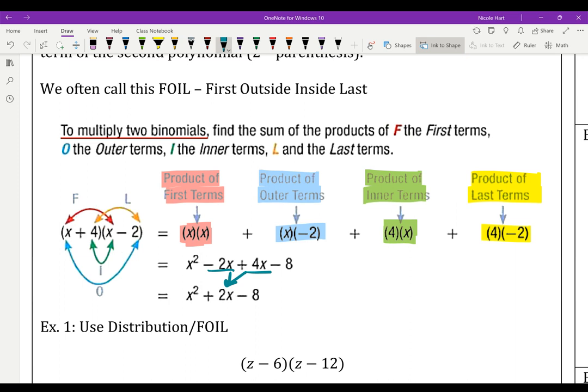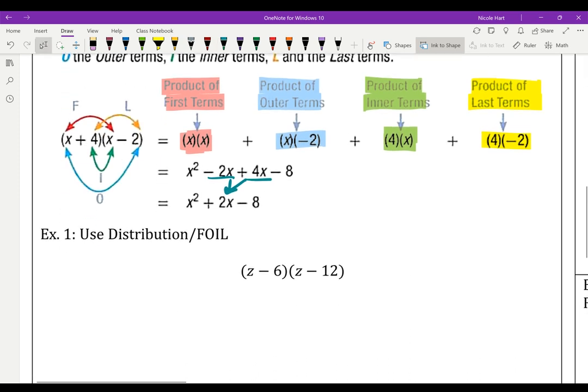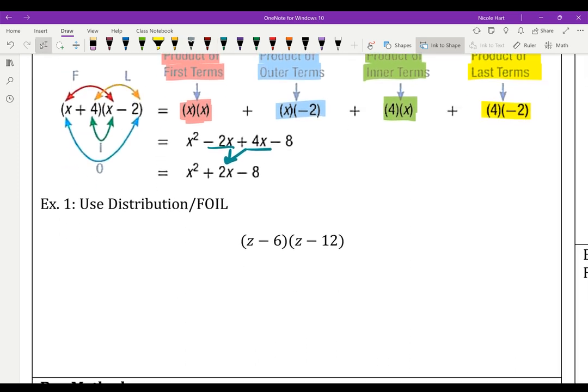So let's try using this method with our question or example of z minus 6 and z minus 12. So first I am going to take that z and distribute it to the first z. So z times z. And then I will take that z and also multiply it to negative 12.